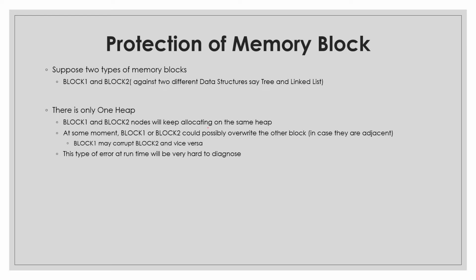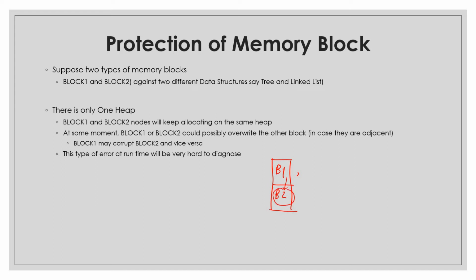We can understand it in this way. Suppose you have this area, you have block 1 and you have block 2. Suppose in block 1 you are using some array, or some strings, and you write to the string more than the allocated size, and hence it moves into the B2 block area which was already allocated.